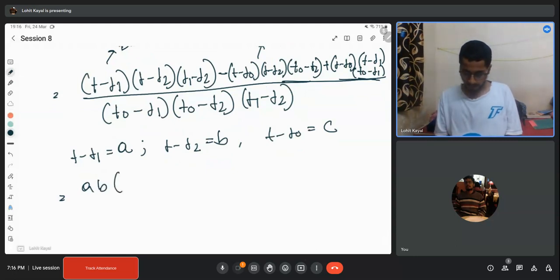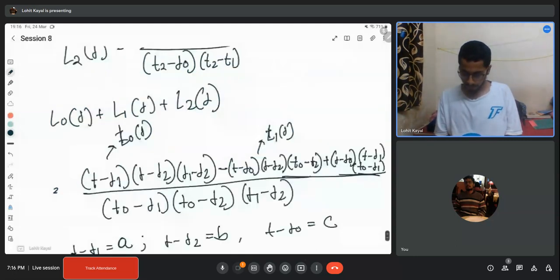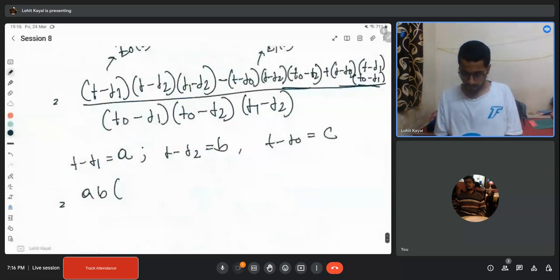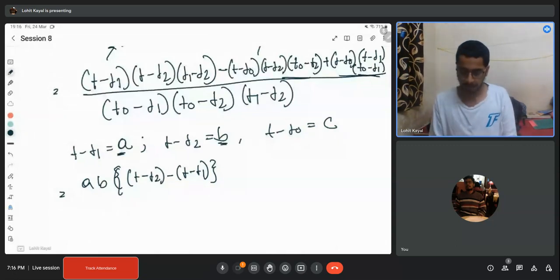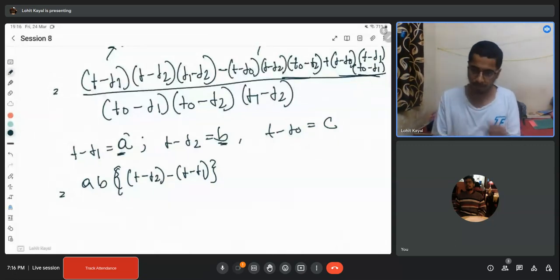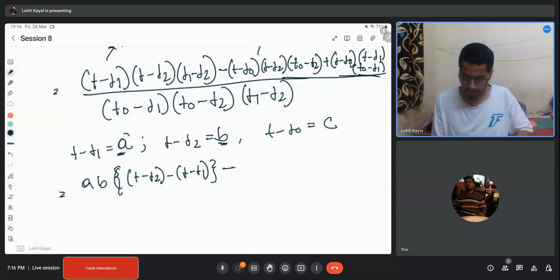We can write it in this way, inside a brace: T minus T2 minus of T minus T1. I just want to simplify these terms in terms of A, B, and C, and then we will see what happens. T minus T naught is equal to C, no problem, into B.